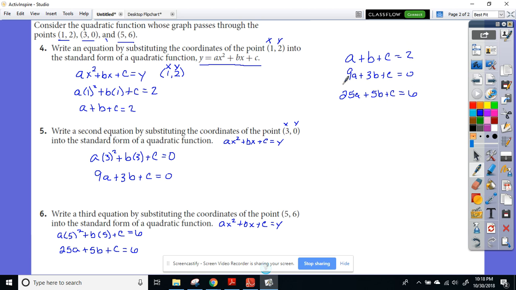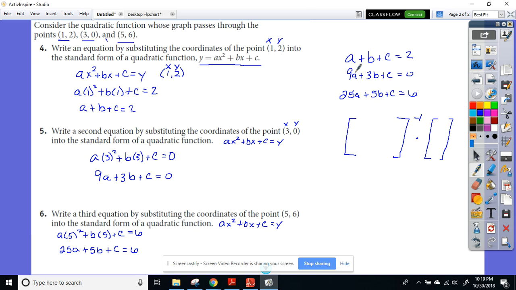Hopefully what you see right here is a 3 by 3 that can be turned into a matrix, a coefficient matrix raised to the -1 times the constant matrix. We'll be able to type this into the calculator and get an answer.